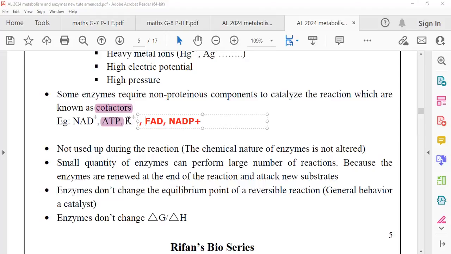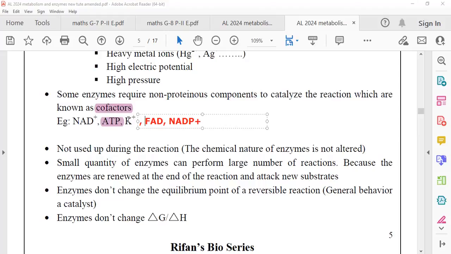No amount will change. No chemical property will change. Understood? That is, they are not used up. Because they are not used up, as they are renewed again and again, small quantities of enzymes are sufficient. Understood?